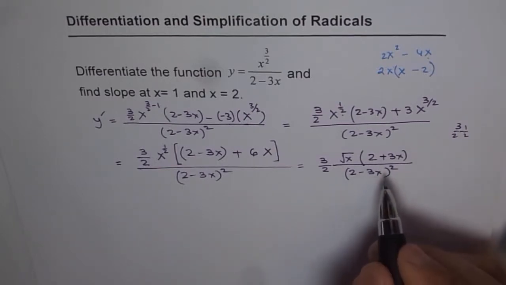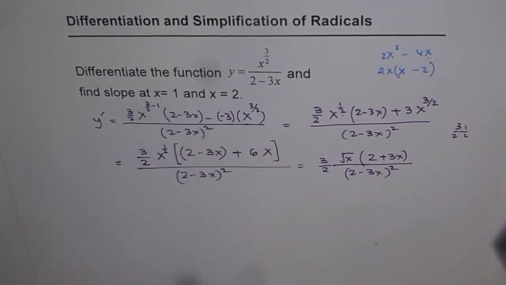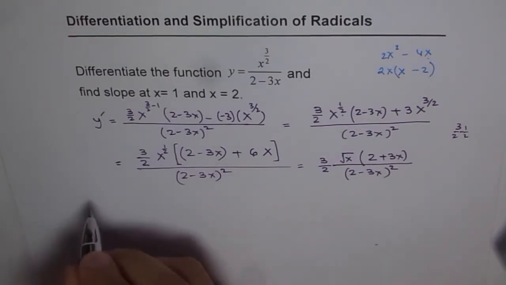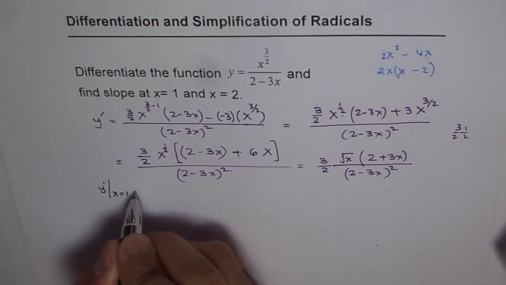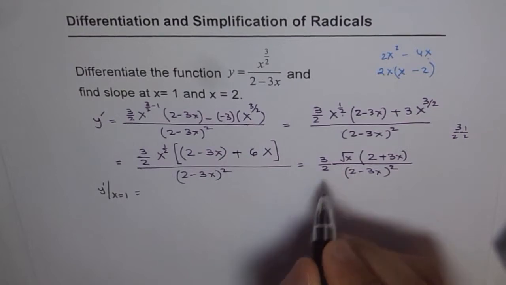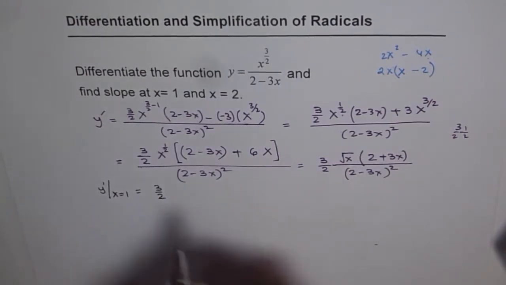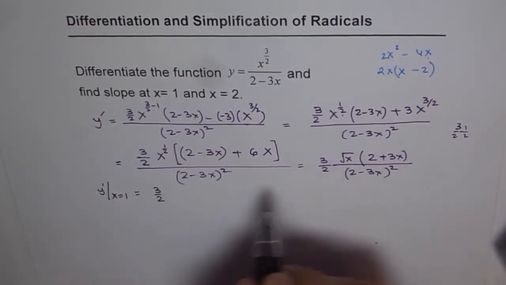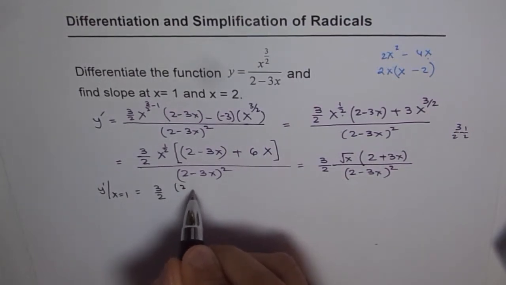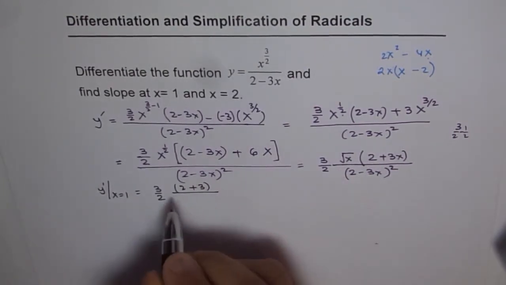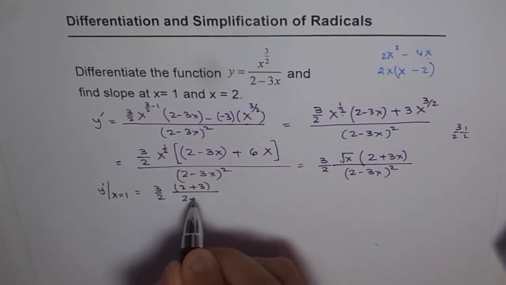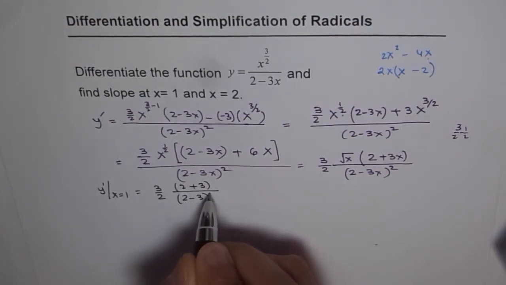So now we can use this to find the slope at x equals 1 and at x equals 2, right? So let's find the slope at x equals 1. That means we are trying to find y dash at x equals 1. So we'll just plug in 1 in this. So we get 3 over 2, the square root of 1 is 1, and then we have 2 plus 3 over 2 minus 3 whole square, right?